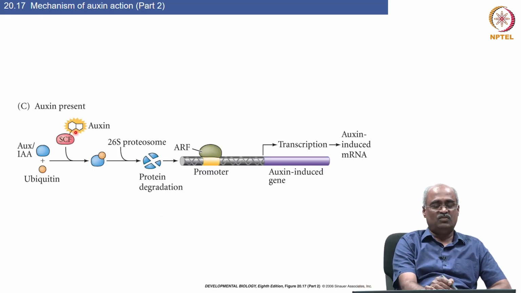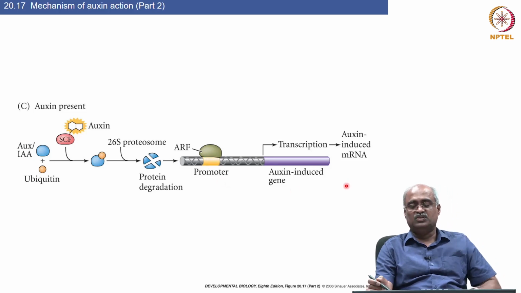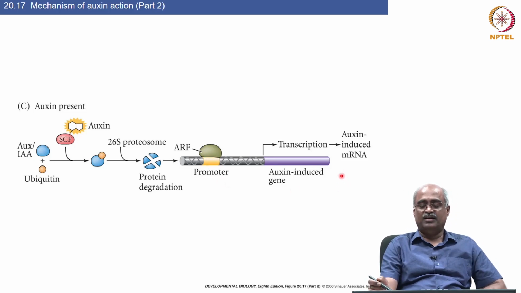So in the presence of auxin, auxin binds to SCF, and that activates it, and that ubiquitinates this AUX protein, and once ubiquitinated it is targeted to the proteasome and gets degraded. And freed by this auxin, now ARF becomes active, and that induces the downstream target genes.